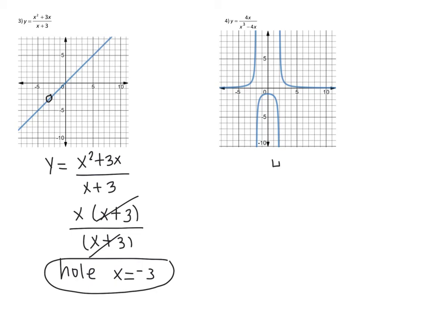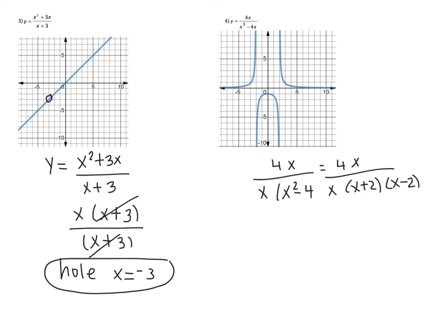So we have 4x times x, over x squared minus 4, and this is going to be 4x times x over (x plus 2)(x minus 2).